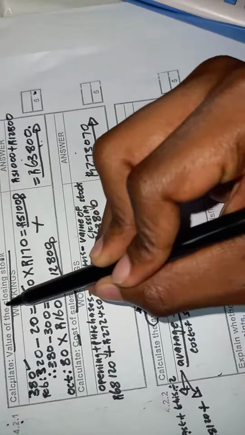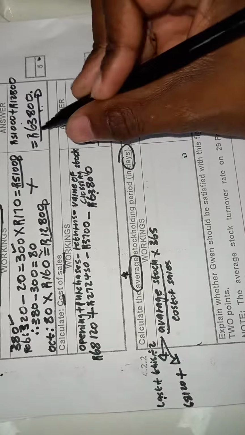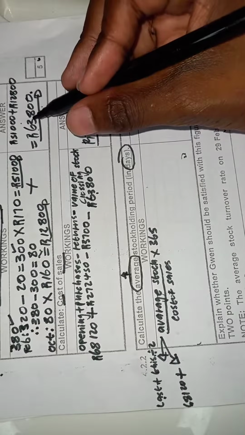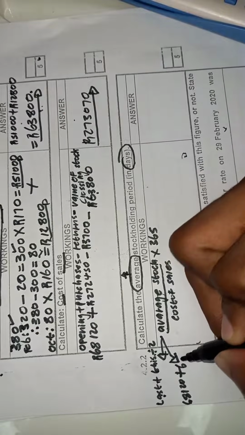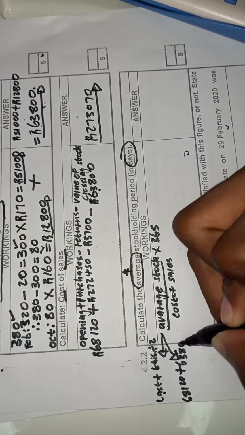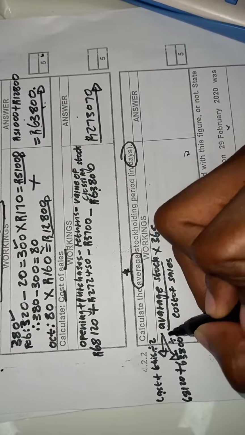You have already calculated it when they say calculate the value of closing stock, which is 63,800. So last year it's 68,120, this year it's 63,800. No matter how wrong it is, just take it as it is. Plus 63,800, divide by 2.